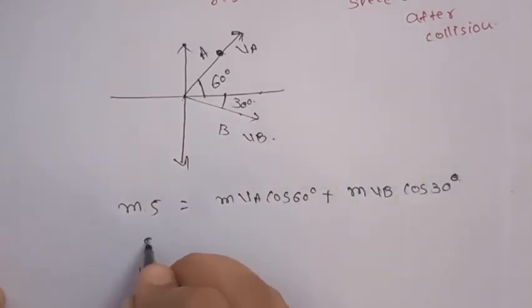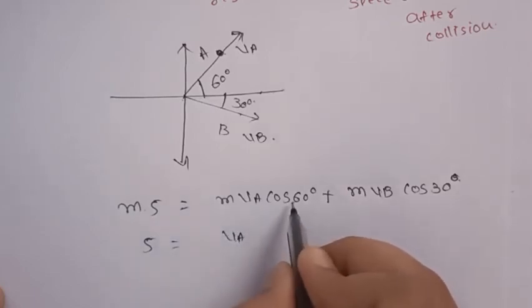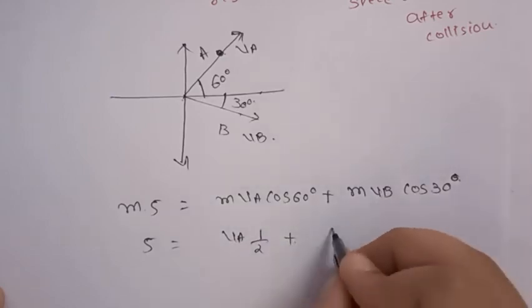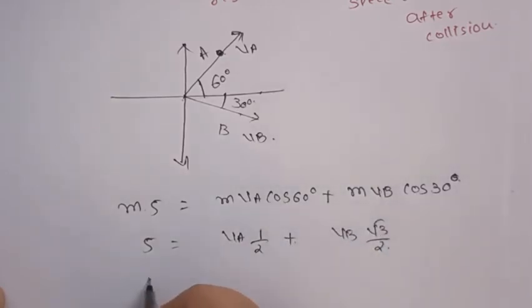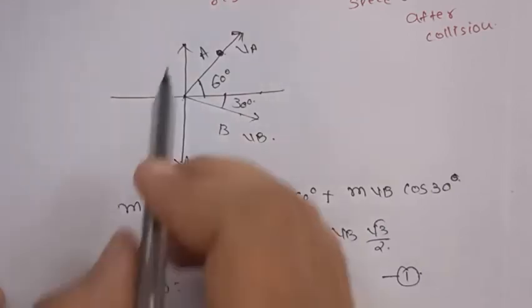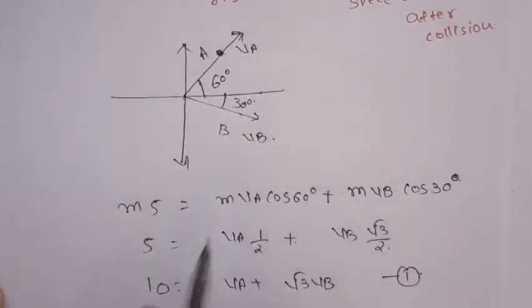We can write 5 is equal to VA cos 60 degree, which is 1 by 2, plus VB cos 30 degree, root 3 by 2. So 10 is equal to VA plus root 3 VB. This is the first equation. Now, as the initial linear momentum along y-axis is 0, the final linear momentum will also be 0.